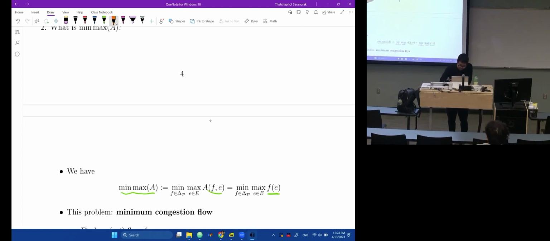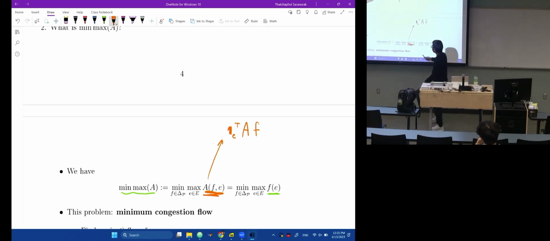So A of FE, right? This is just, you can think of it as a vector for an edge E, and then you multiply it by this A, and then you multiply it by the vector F. This is just the definition.